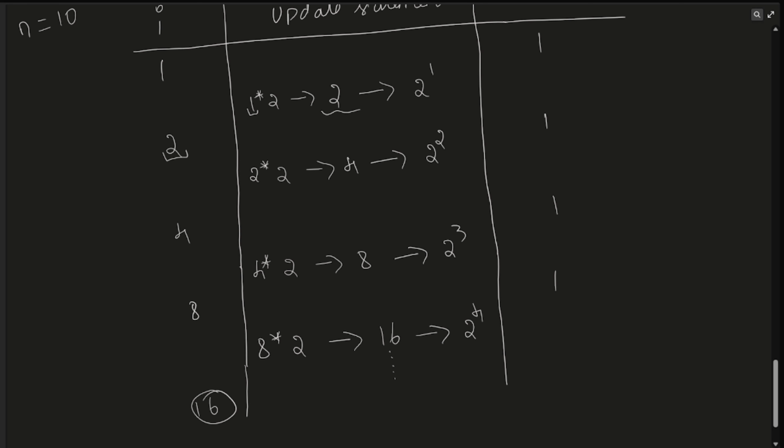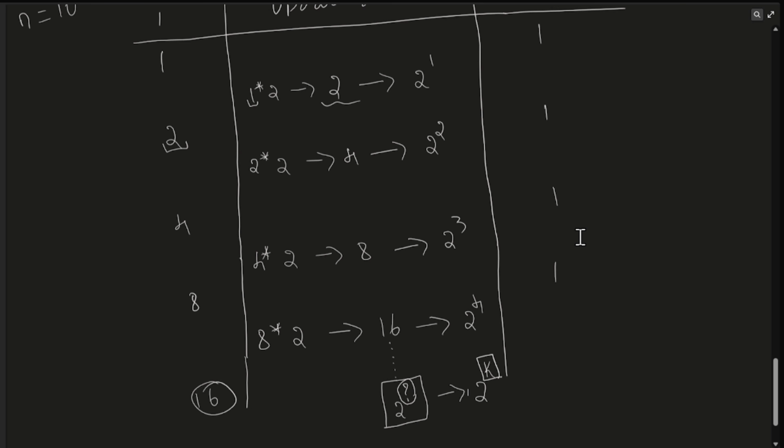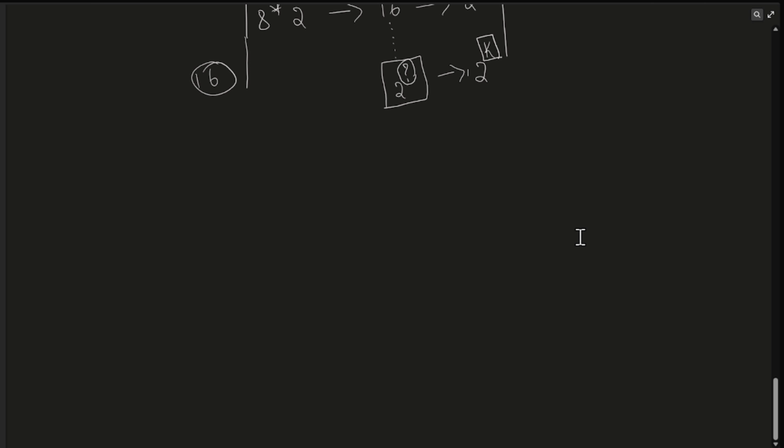Our for loop will run until 2 to the power something. Isn't this correct? Can't we consider this something as k? Yes, we can consider that something as k, and we'll find this k to find how many times our for loop gets executed, which will be our time complexity.